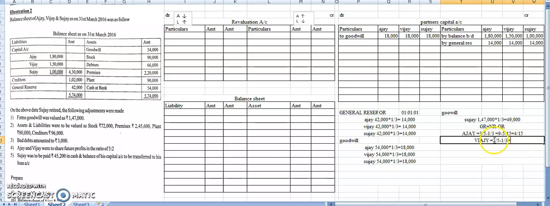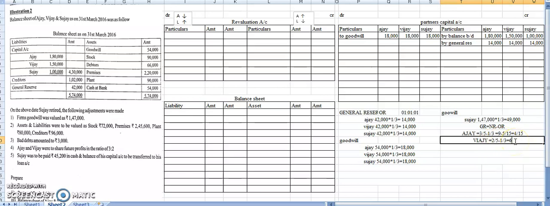You can see here the first number, 2 multiply by 3, the answer comes to 6. Second number, 5 multiply by 1. Cross multiplication: first number multiply it with the second denominator, and second number multiply it with the first denominator.